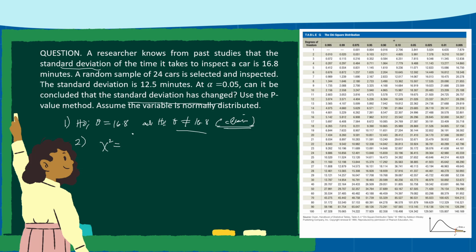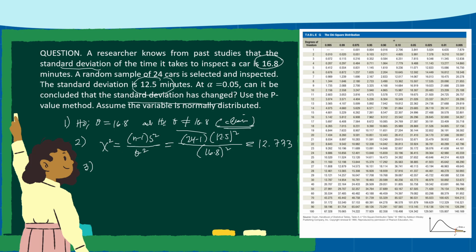The chi-square value is (n minus 1) s squared over sigma squared, that is 24 minus 1, times the given 12.5 squared, over the population standard deviation squared. If we plug in, the result would be 12.733.